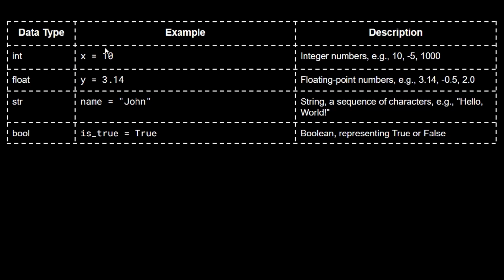Whenever there is an integer number like 10, we can assign it to a variable x, which implicitly has data type int. Then there is 3.14, which is assigned to y, and the data type of y is float. There is a name variable which has the value John.